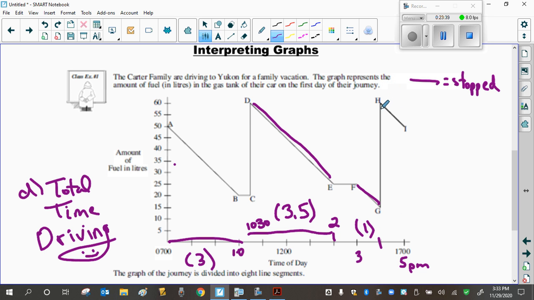And then you're driving from H to I from 4 to 5 with another 1 hour. So total time driving is 3 plus 3.5 plus 1 plus 1. Okay, cool question. 8.5 hours of driving.